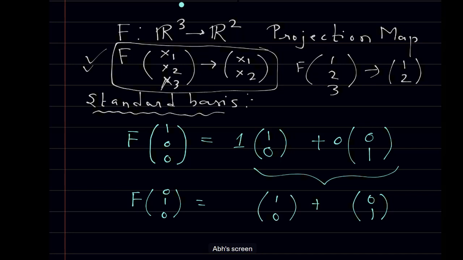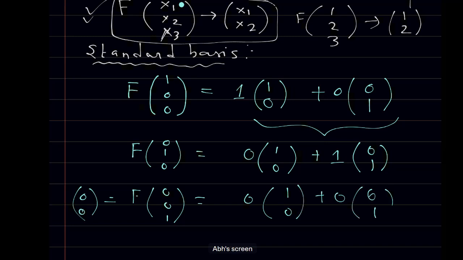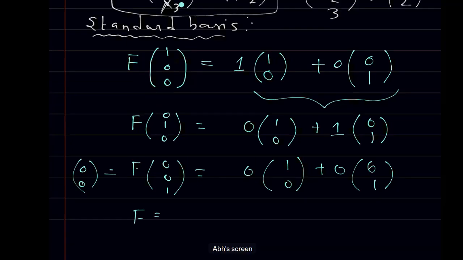We want to expand it in terms of the basis in R2, so I can write a 1 here and a 0 here. Now the third one is (0, 0, 1). The answer is (0, 0). So what is the matrix that transforms the basis? It is the matrix with rows 1 0 0 and 0 1 0, arranged by columns.